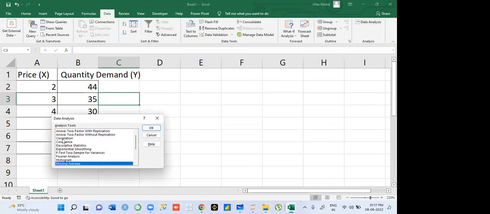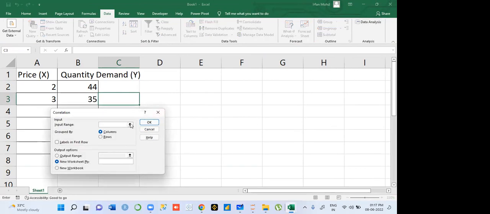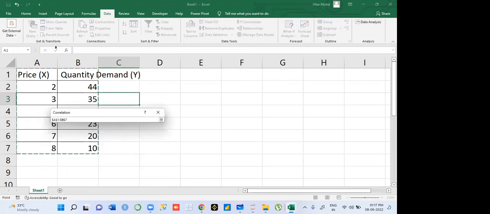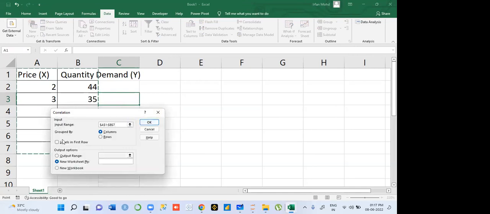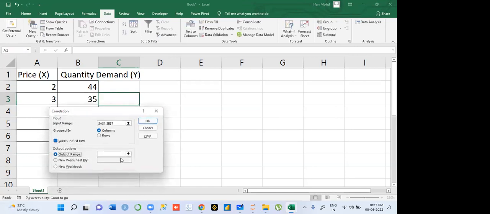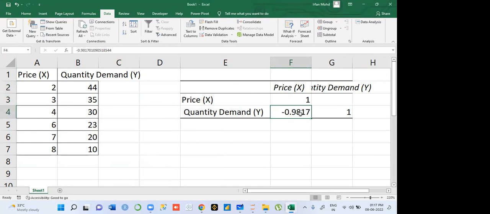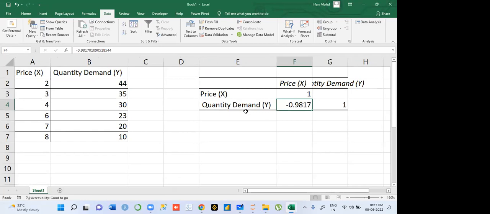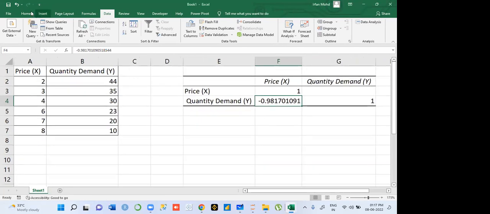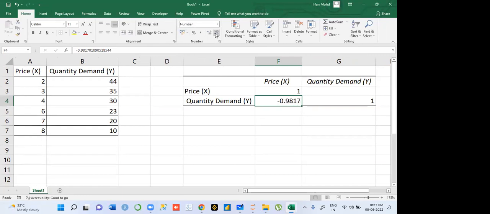First step, we compute the correlation. How much percent do we get? Same. Just cross check the number. Positive or negative? Negative.